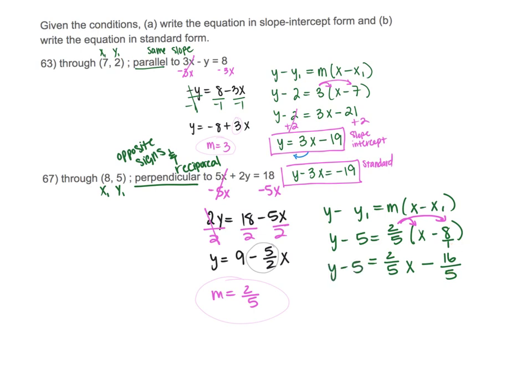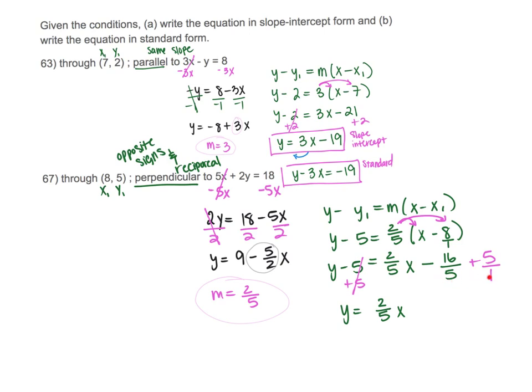But then I need to add 5 to both sides. So that one cancels. Then y drops down. The 2 over 5x drops down. Now, when you're working with this side here, I need to add this number with this number. So I'm going to make this whole number over 1 so I can add the two fractions. Now, when you add fractions, you need to have the same denominator.